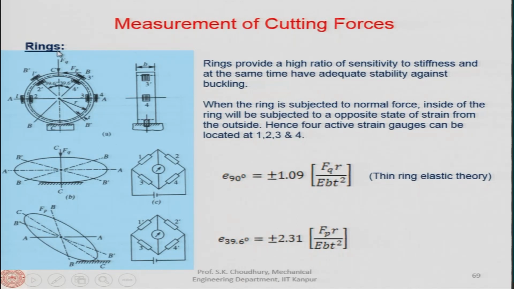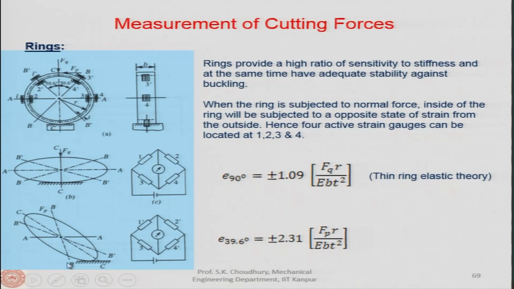This is the F perpendicular to this axis, and this is the normal force, or the thrust force, sometimes we call it also. Now, the Fp, this is the tangential force, will be sensed by the sensors given in the 1 prime, 2 prime, 3 prime and 4 prime. All right. Well, why is it that?